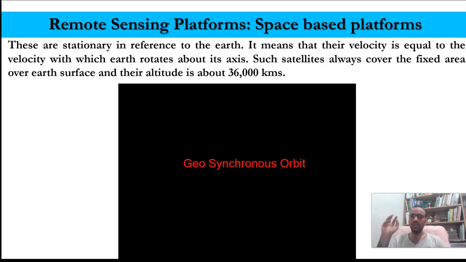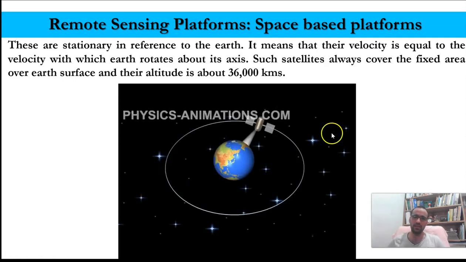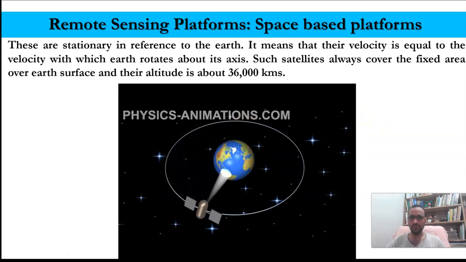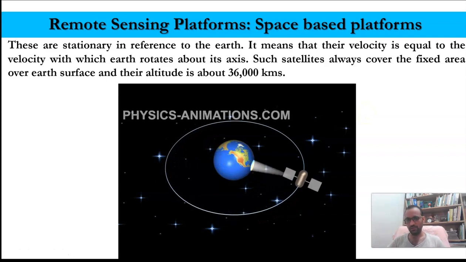We use an altitude of about 36,000 kilometers for this satellite. Sometimes it may be a little more or less, like 40,000 or 35,000 kilometers. Here in the animation you can see how a geostationary satellite works. It is very focused on a particular location.